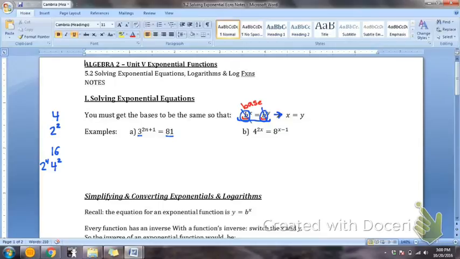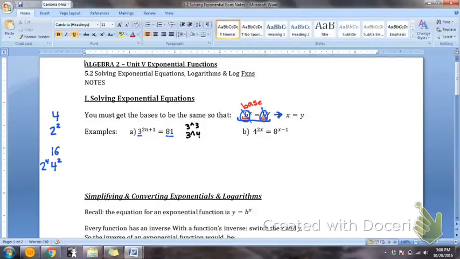All right. So if 81 needs to be a base of 3, let's use our calculators. On your calculator you can do 3 and then the little caret button. What is 3 raised to the 3rd power? 27, okay. What about 3 raised to the 4th power? 81, right?